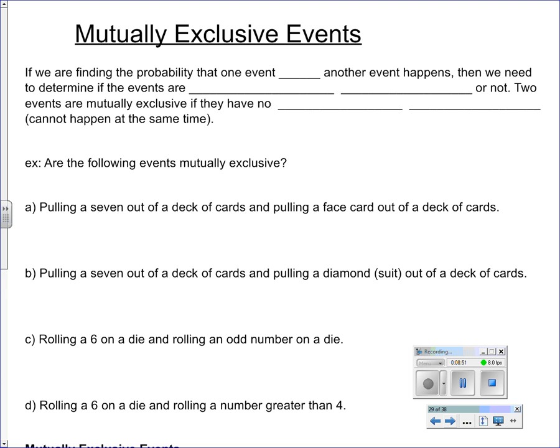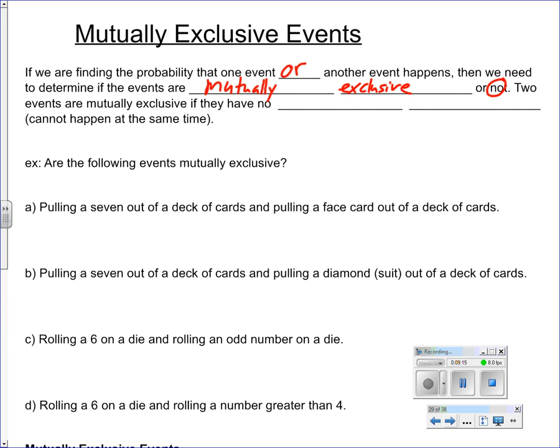So the next one we're looking at is one event or another event happening. So, OR probability. We're trying to find the probability that one event or another event happens. And for this, we determine if these events are mutually exclusive or not.